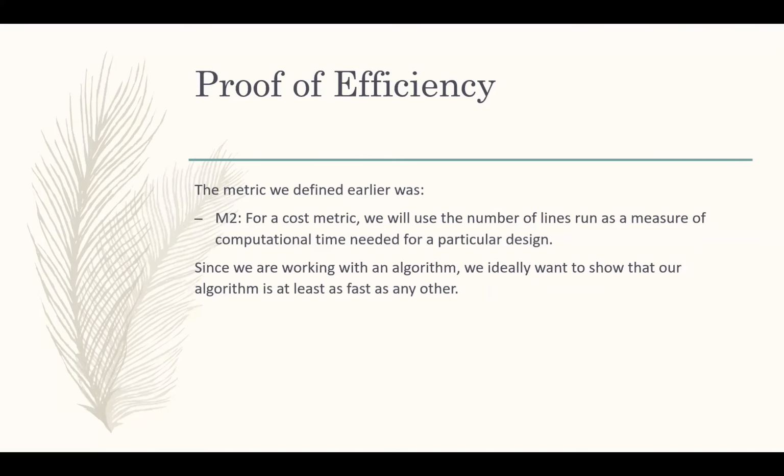So last thing, which is actually going to be familiar, which is why hopefully we can all look at it and agree that it makes sense to us, is proof for efficiency. So we said we want it to be an efficient algorithm, and we want to measure efficiency as the number of lines run. How do we do that? Well, we're going to have to look at the code and write a big O expression for it.